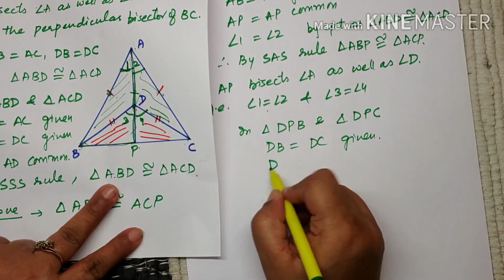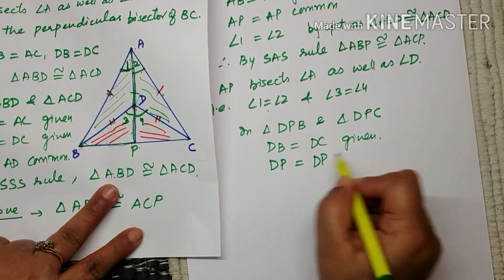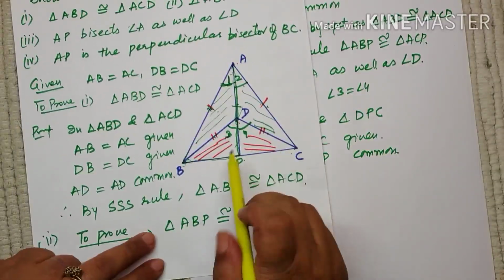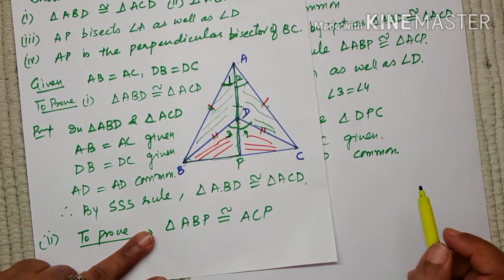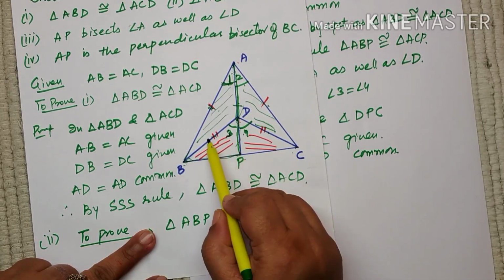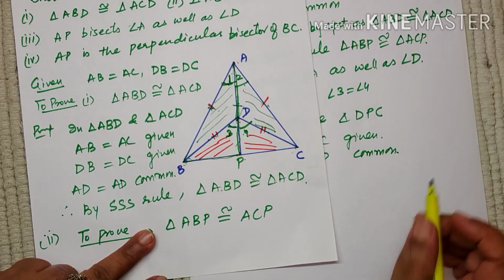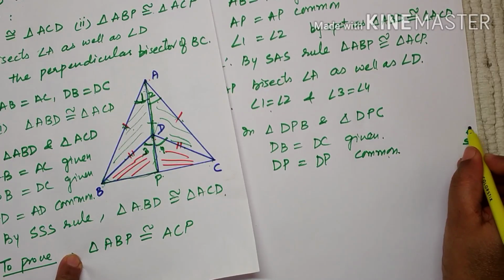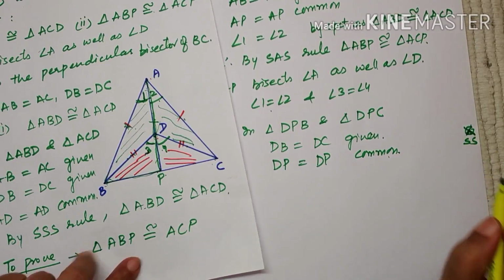We have DP equal to DP common. Now observe, what are we trying to prove? We are trying to prove 3 equal to 4. What is that? 3 and 4. These are the included angles. I have already got 2 sides and included angle I am trying to prove congruent, so I cannot use this.